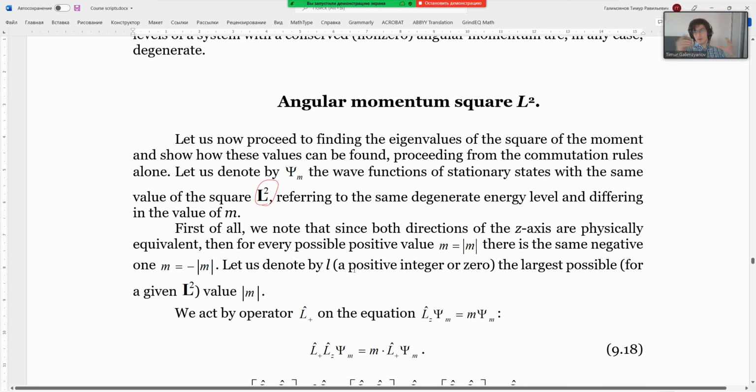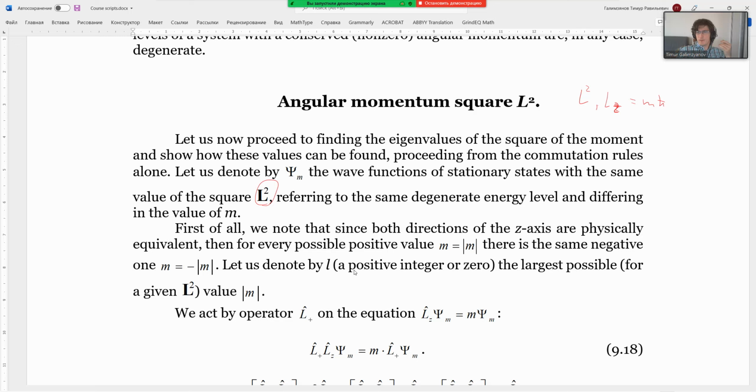First of all, if our system has a known value of L squared, and we know that Lz equals m h bar, some integer times h bar, let's say this system has some L squared value.